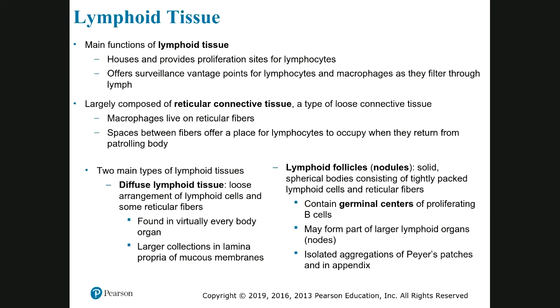They contain a germinal center that will help produce B cells. The most important aggregations of nodules are the Peyer's patches in the intestine and in the appendix.